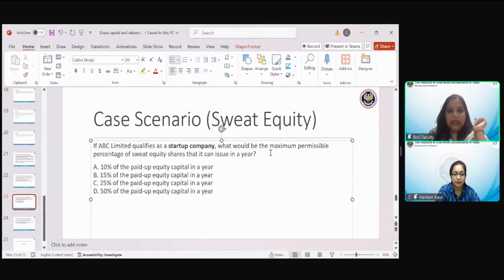Okay, so students are getting confused with option A, option C, and option D. Any of the students can tell me why they are saying option A? Students who are writing option A, can they please tell me why they are saying option A? Kindly unmute.